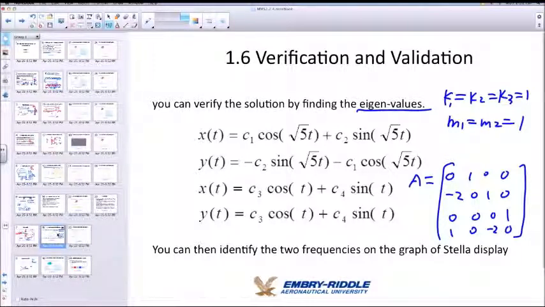You're going to get a system like this. If you find the eigenvalues, you get two eigenvalues: square root of 5 i, positive and negative, and 1 i. That will give you these two frequencies. And you can use Maple to solve it. I gave you the command last time. And that explains the phenomenon.